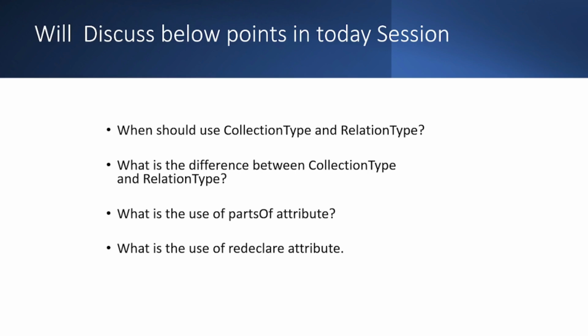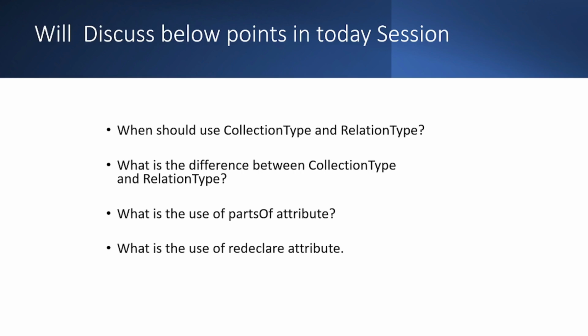Coming to relation type, when should we use it? It is basically used to make an association between two objects. Objects are nothing but data tables. If you want to make a relation or association between two tables, in that case we can use relation type.